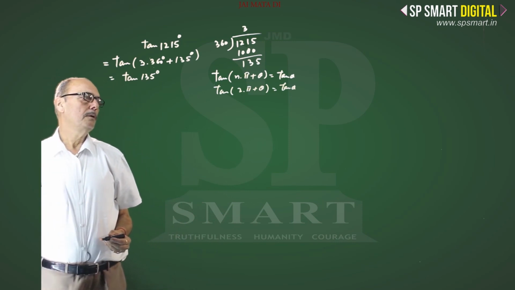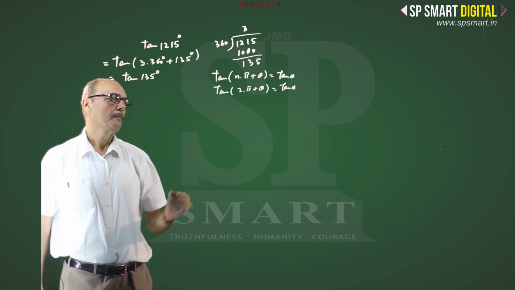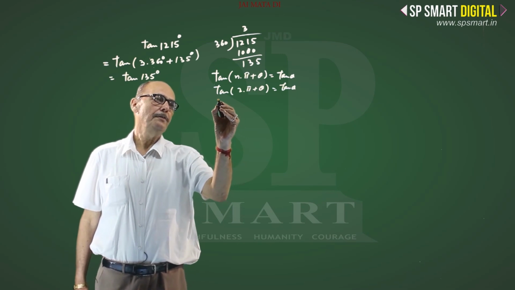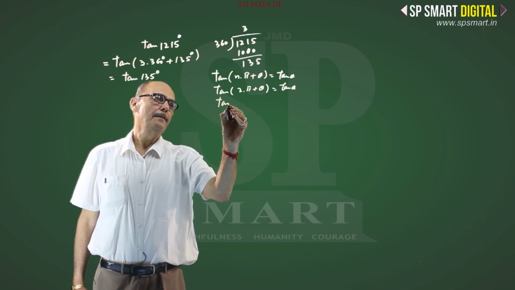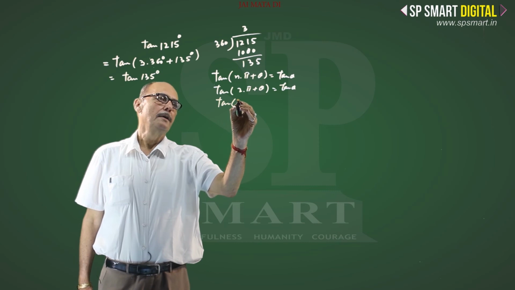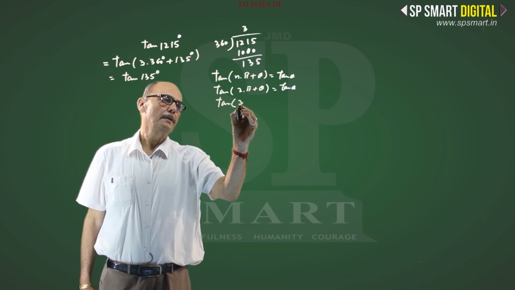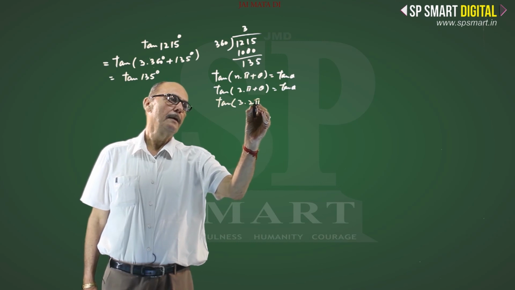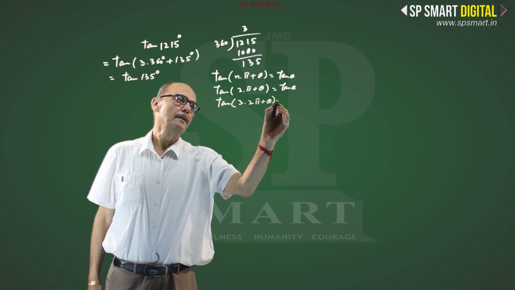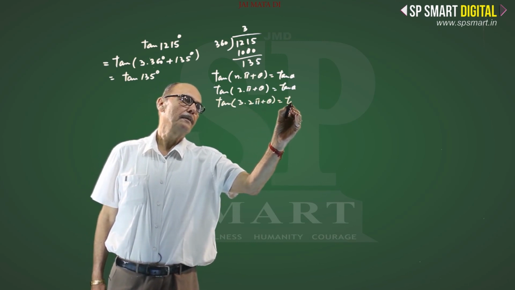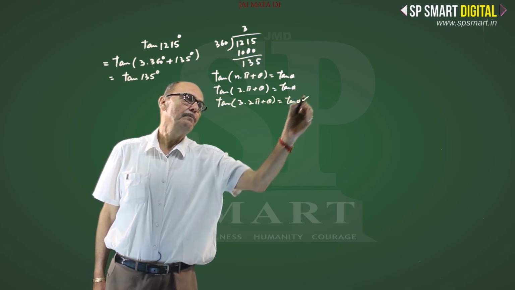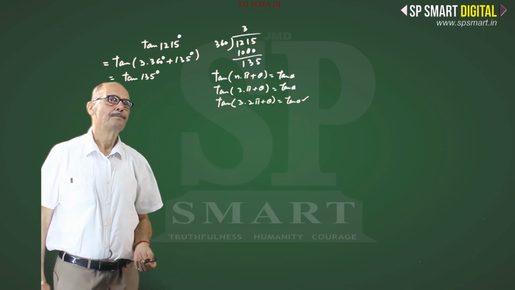So, if it is tan of 3 into 2 pi plus theta, so this is also equal to tan of theta. Basically, I may use this result.